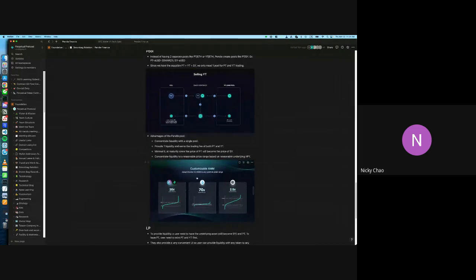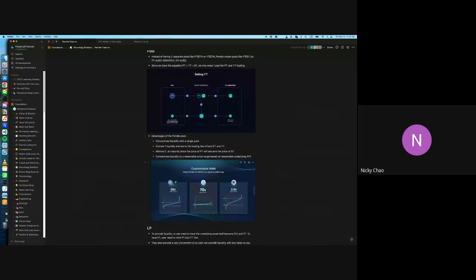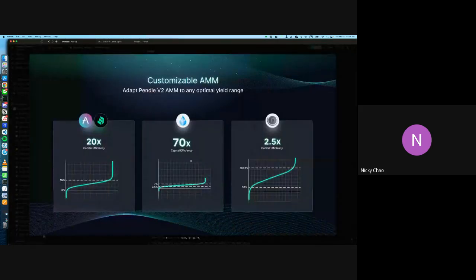And they also do some interesting optimization for their AMM. As you can imagine, these underlying assets actually have a quite predictable APY, right? Like for Compound and Aave, we expect the APY will be between 0% and 15%. It's not reasonable if the APY goes to like 200% normally.